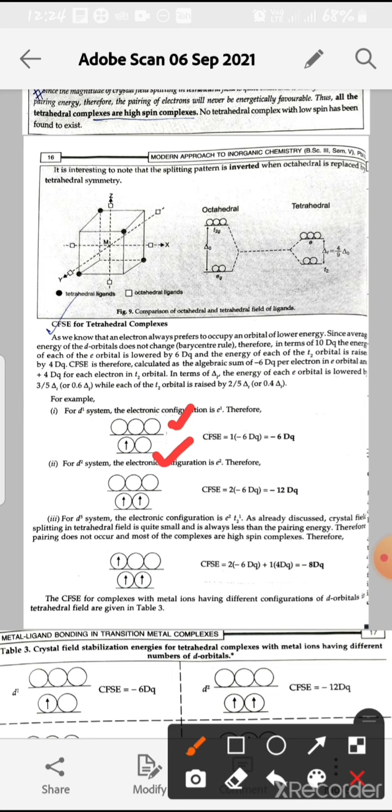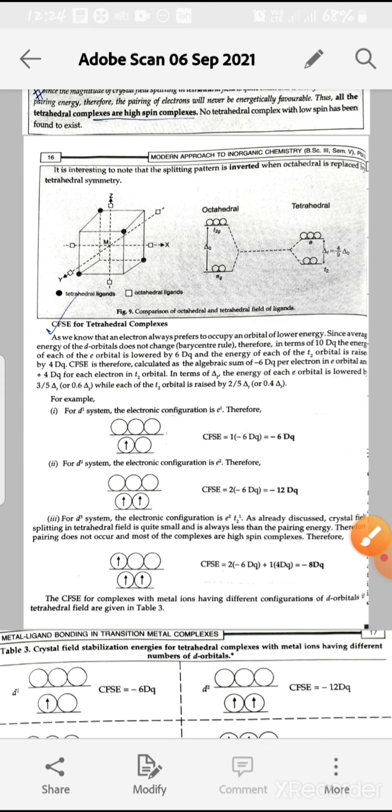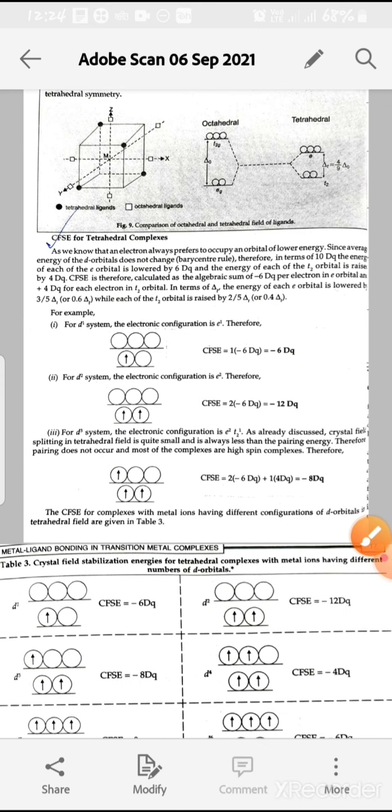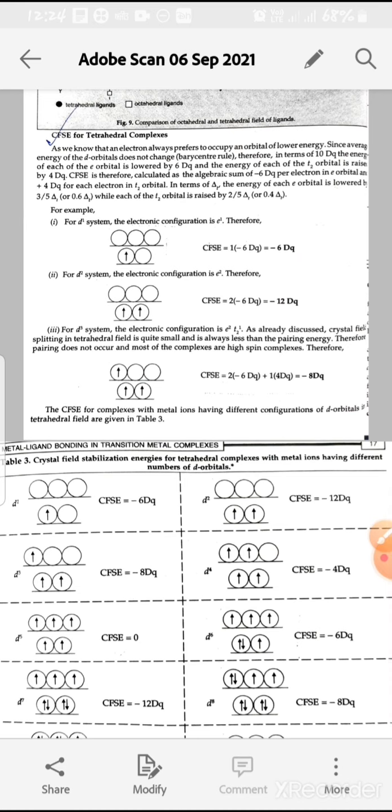CFSE will be equal to minus 6 Dq, so 1 electron, 1 into minus 6 Dq equals minus 6 Dq, and for d2, 2 electrons will be filled into the e set, then 2 into minus 6 Dq, that is equal to minus 12 Dq.